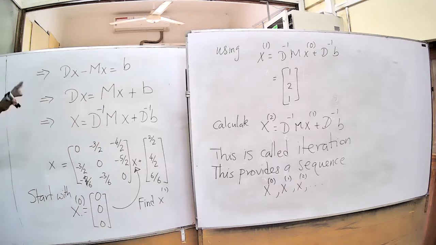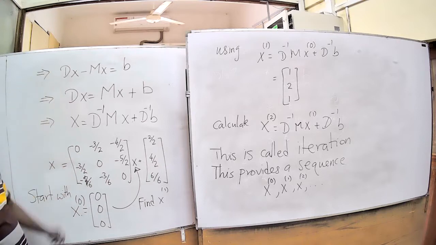But this is how, in general, you can think of an iterative method to solve the system of equations, right? So in order to see the solution of system of equations by using iterative methods, you can always try to develop a scenario like this, and then you can compute the iteration.